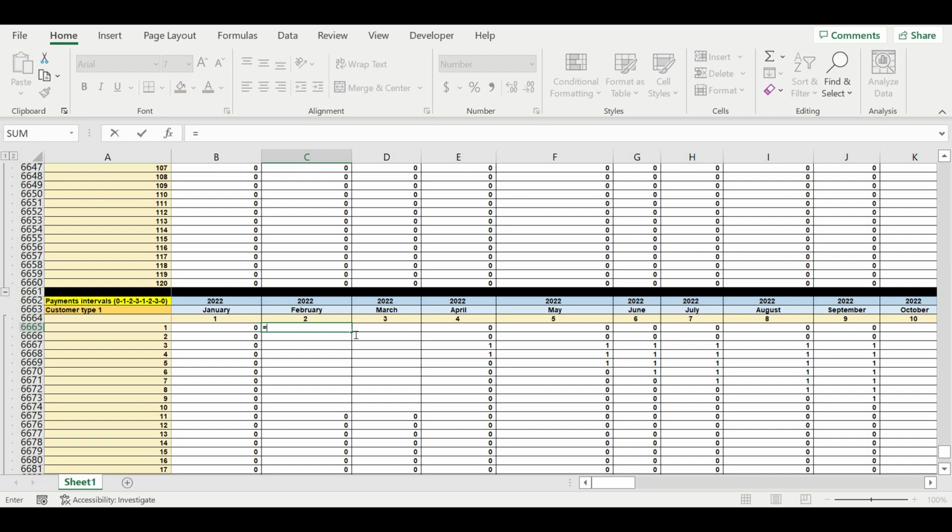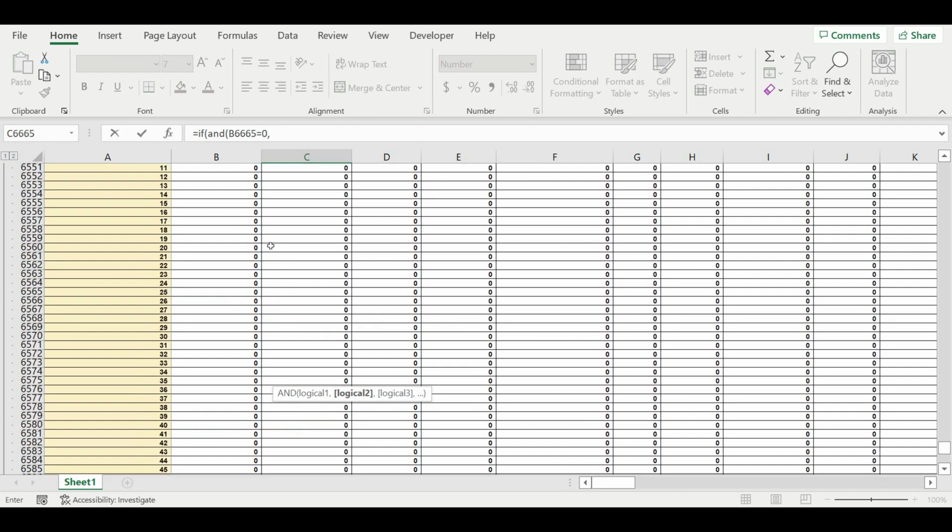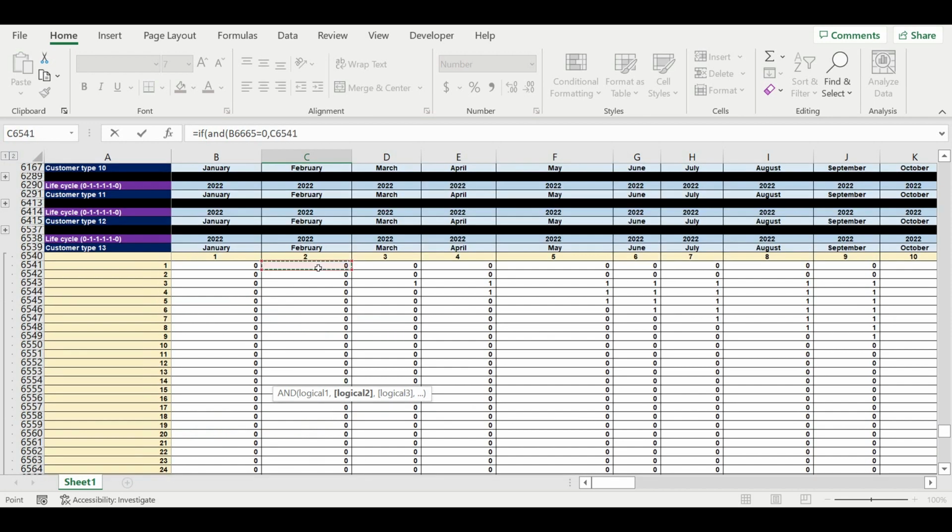If this one is equal to 0 and this one is equal to 0, then 0, otherwise we will place, if this one equals 0 and this is more than 0, then we place 1.